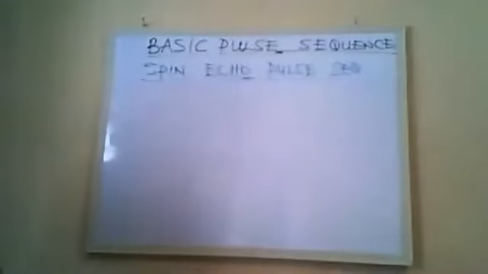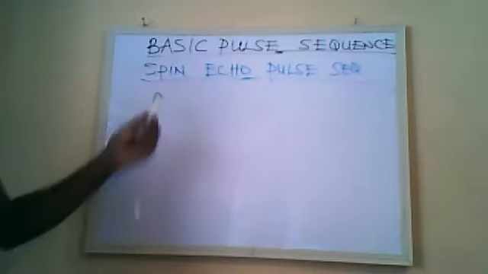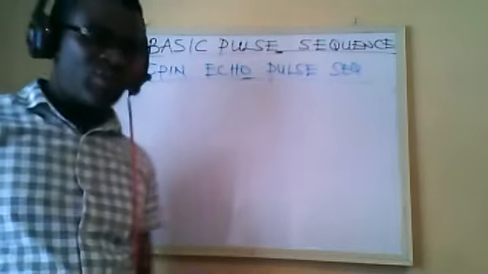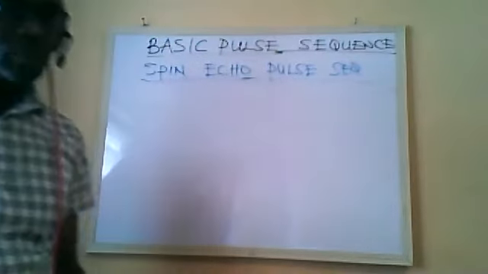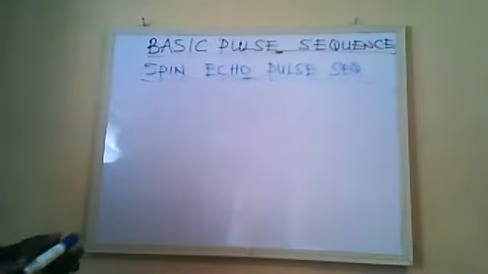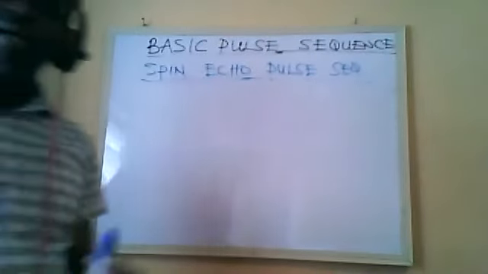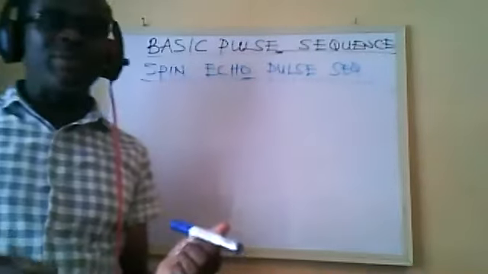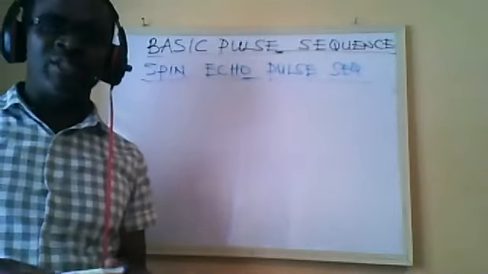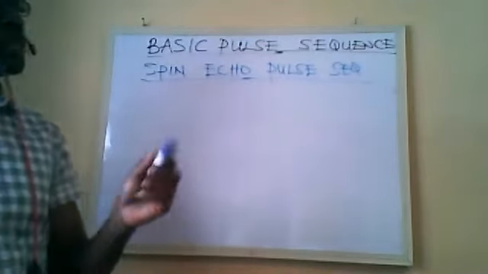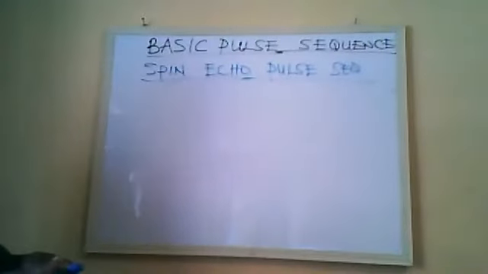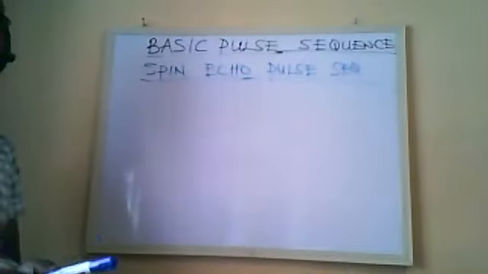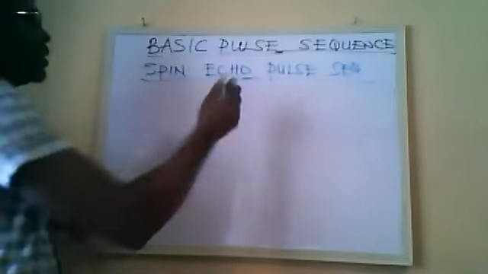We want to look at the spin echo pulse sequence. What do we mean by spin? By spin, we are looking at how the spins of the hydrogen atom process.